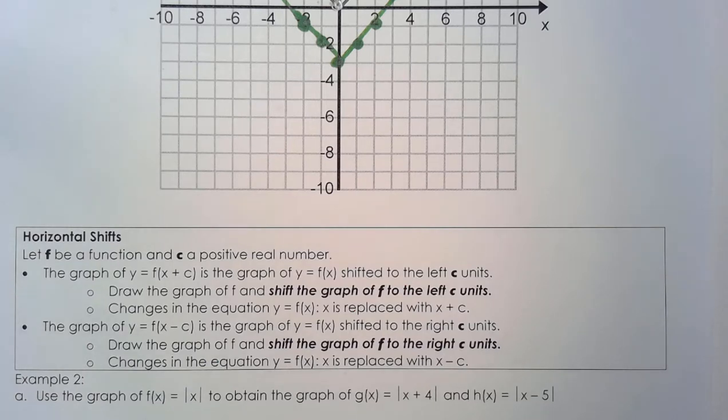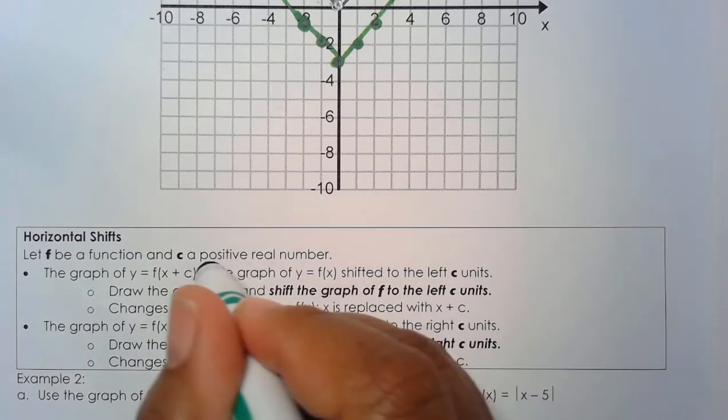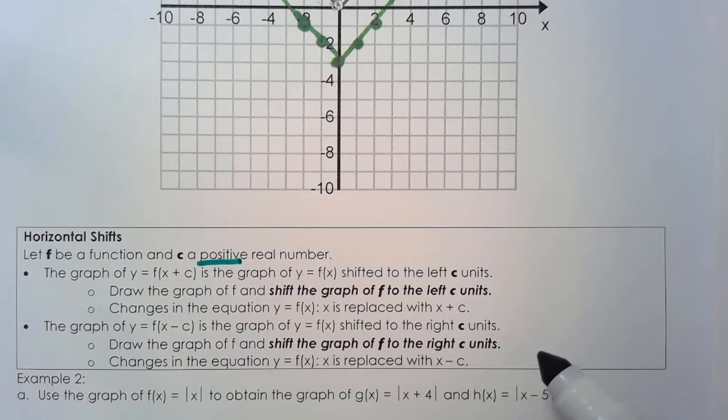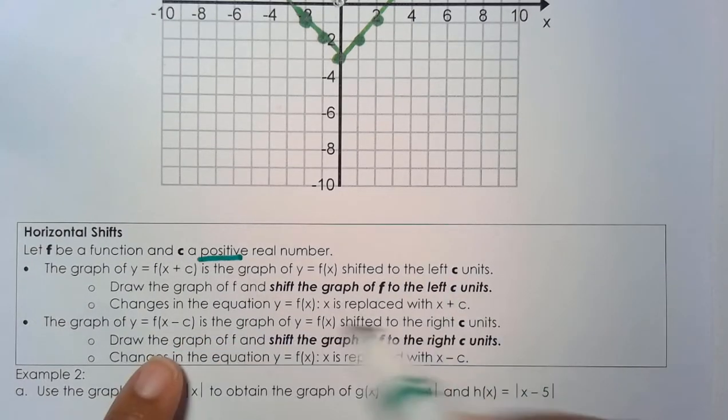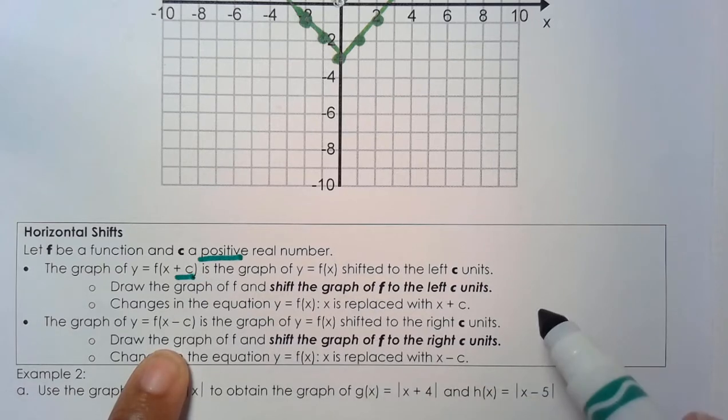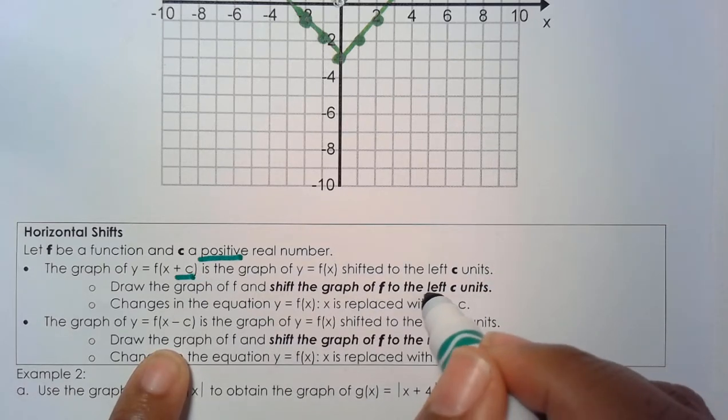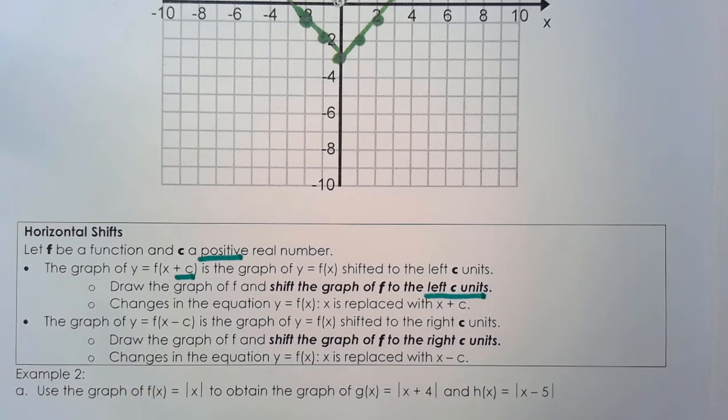So it says here, when the constant term is positive, you're going to move left. So you're going to go in the opposite direction.